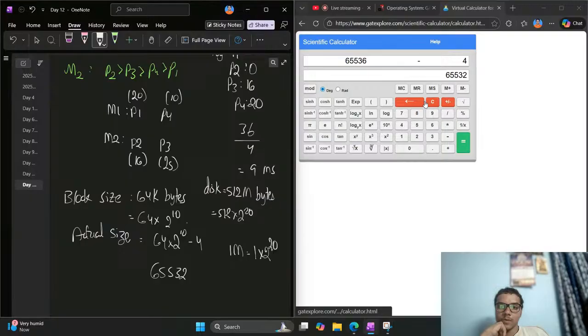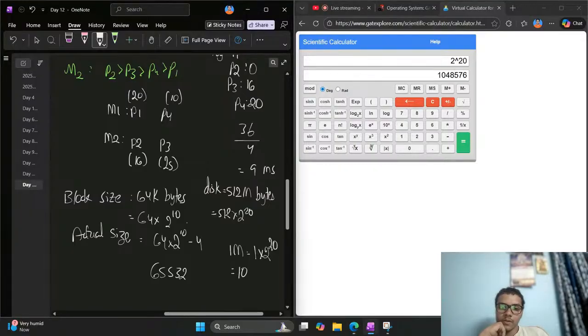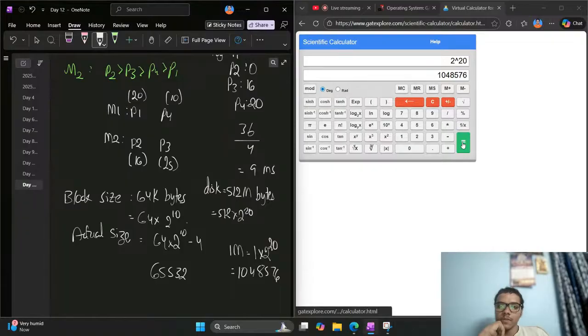And what is 2 power 20? That is 1048576, divided by 65532.